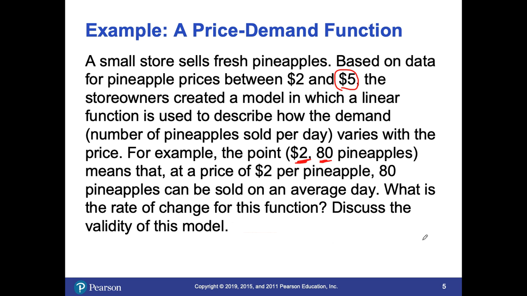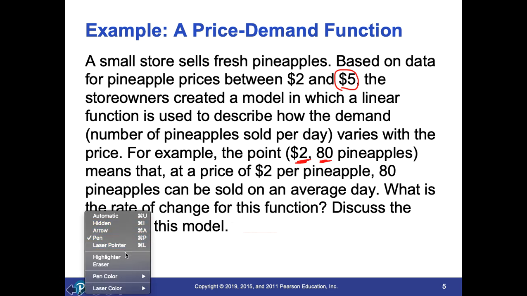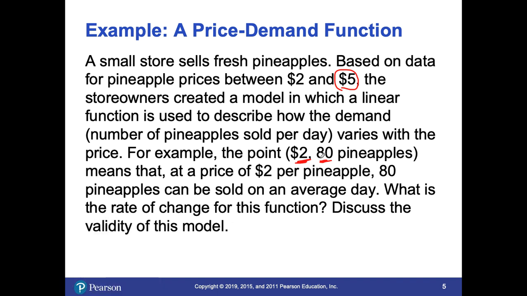So 80 pineapples is actually pretty good. So once again, if they sell them at $2 a piece, they sell 80 pineapples. But what if they increase the price to $5 all of a sudden? Well, obviously, people still probably want their pineapples, but there's going to be a lot less people wanting those pineapples, right?